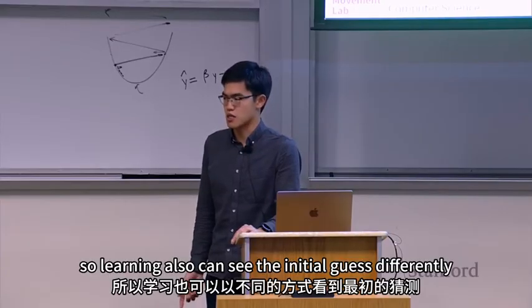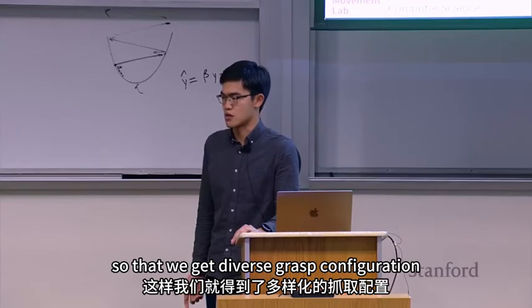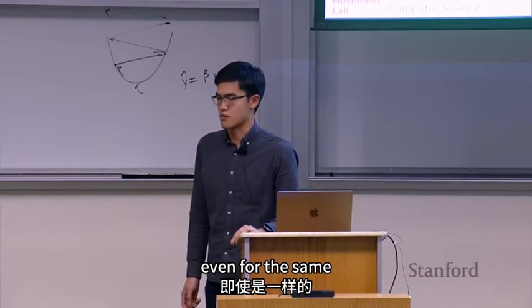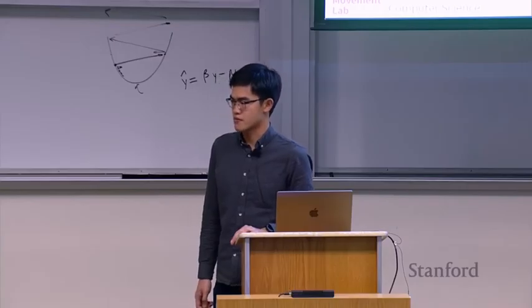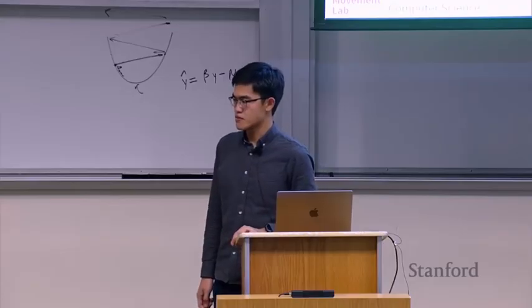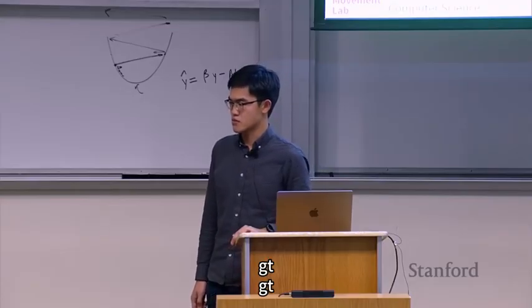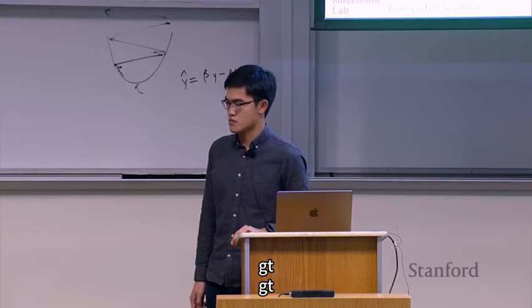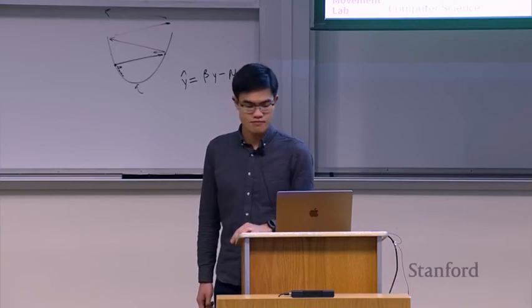The learning can also sample the initial guess differently, so that we get diverse grasp configurations even for the same observation. Cool. So you're basically saying randomly sampling a good grasp for a 22 degree of freedom hand is very hard. Right. Yeah, that makes sense.